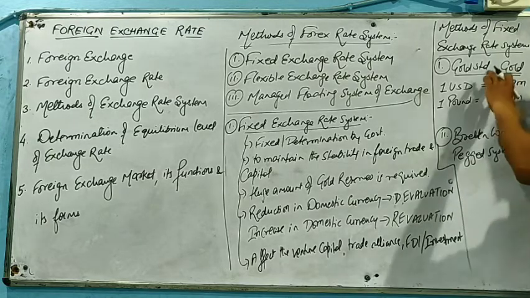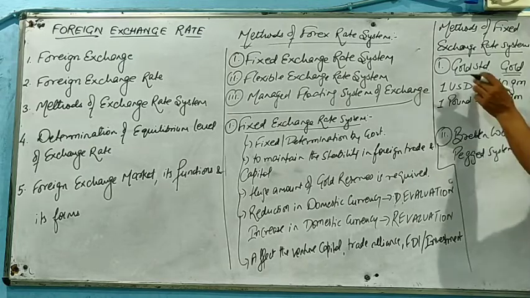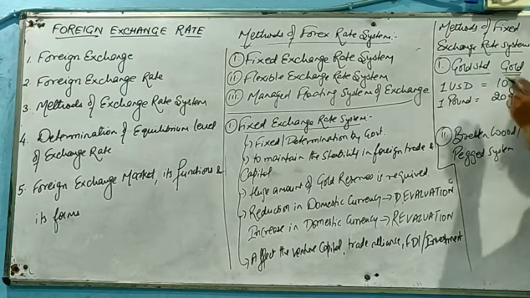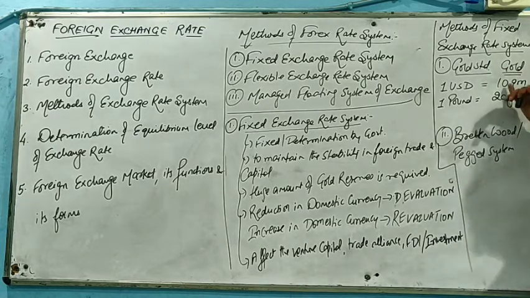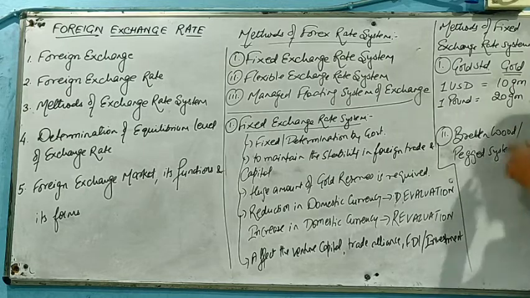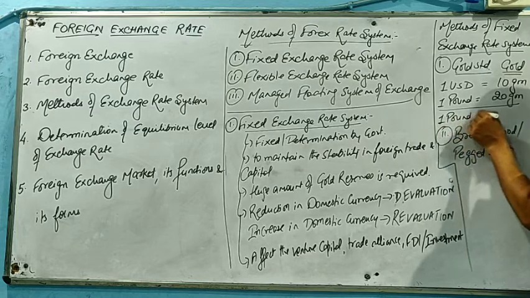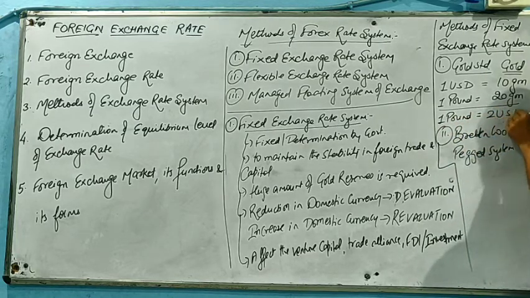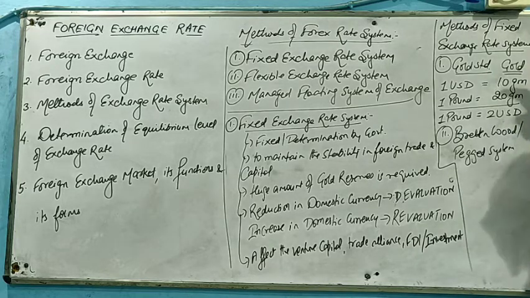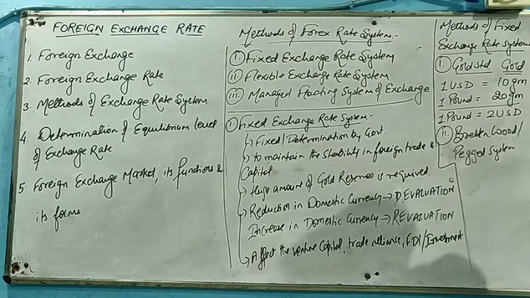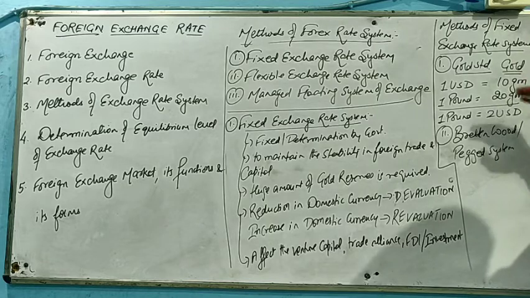If we compare both values, to buy 20 grams of gold with dollars, we must have $2. So, in conclusion, we can derive that 1 pound can be exchanged for $2. This is how the gold standard system was dealt with, since every country's currency was measured in terms of gold.